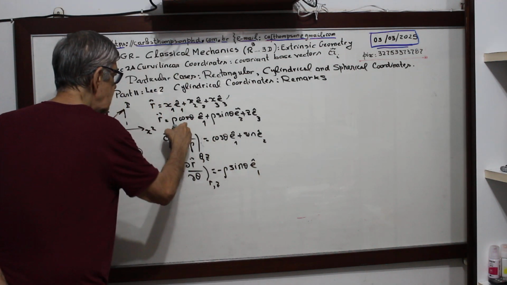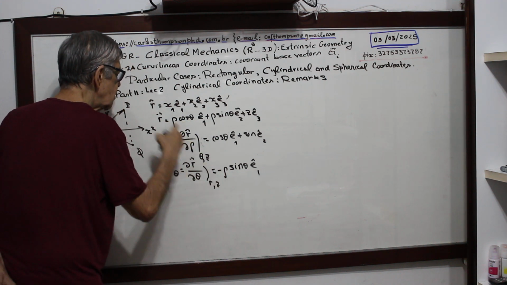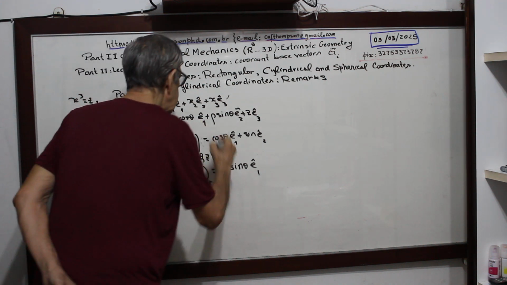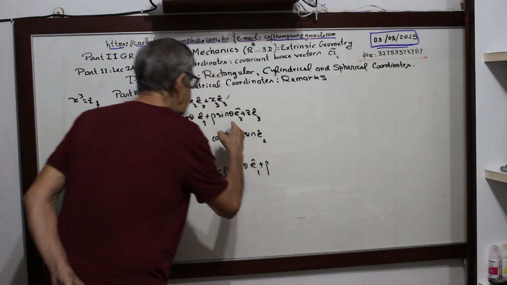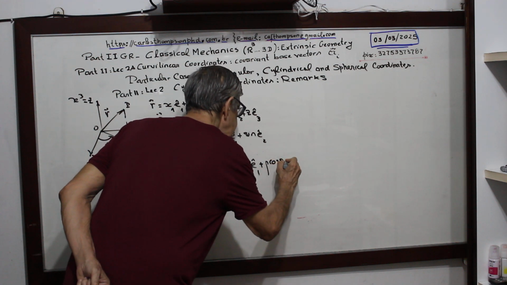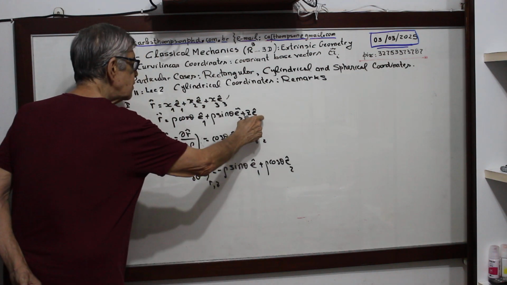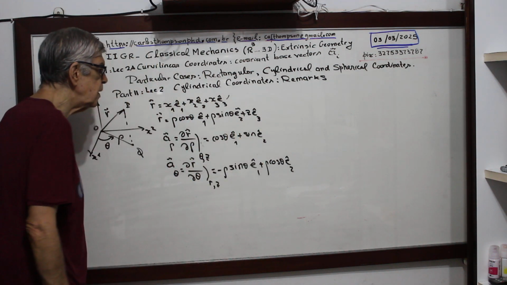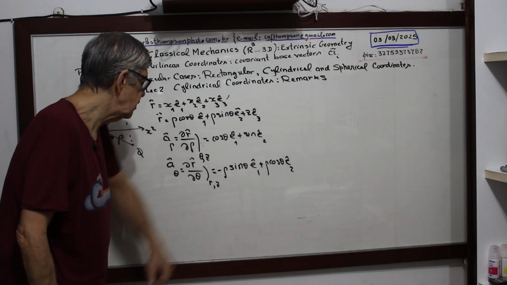You see, the derivative of cosine is minus sine. You see, rho is constant. Plus rho, derivative of sine is cosine, E2. And derivative of z E3 is 0. So this is my A theta.